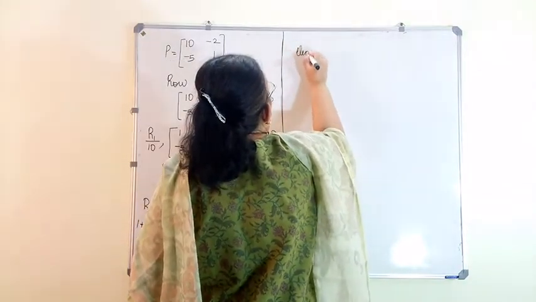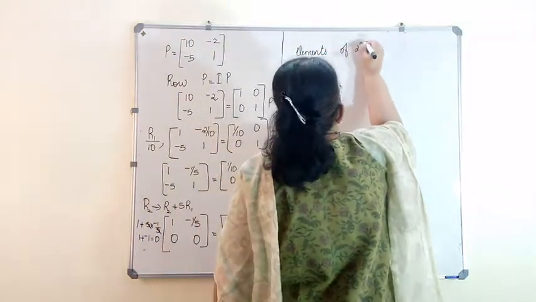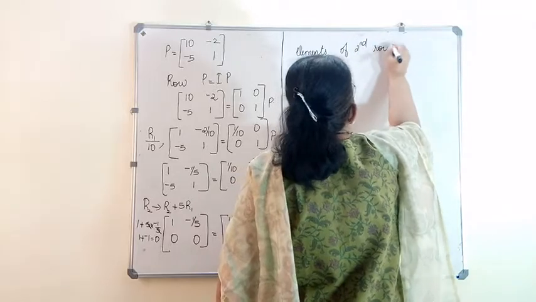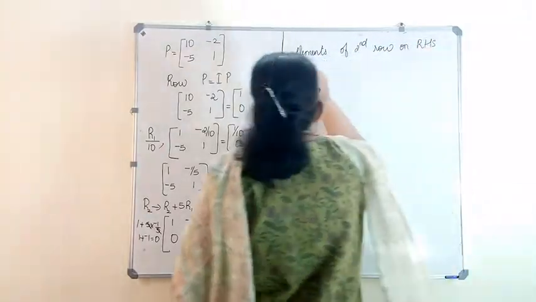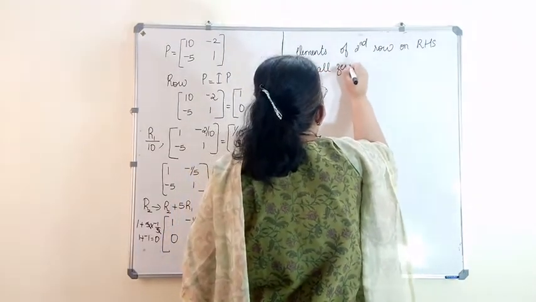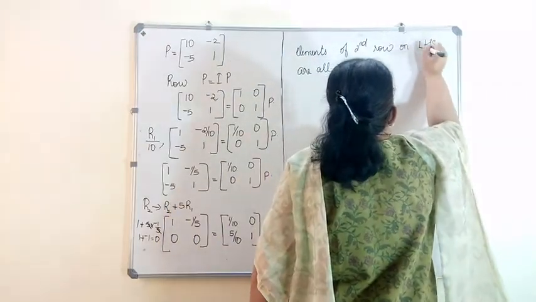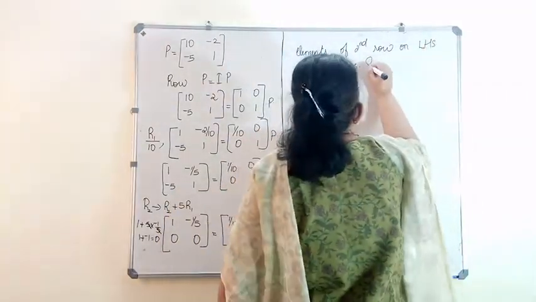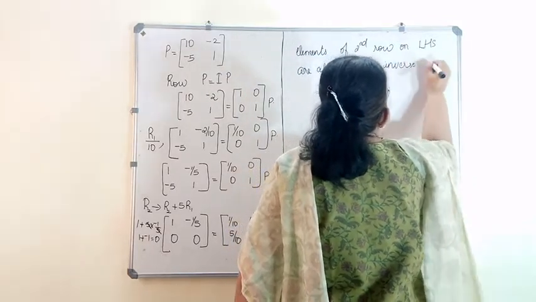Elements of second row on LHS are all zeros. So inverse does not exist.